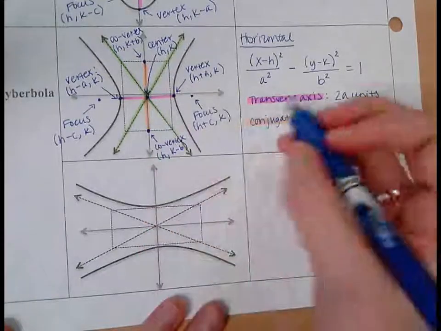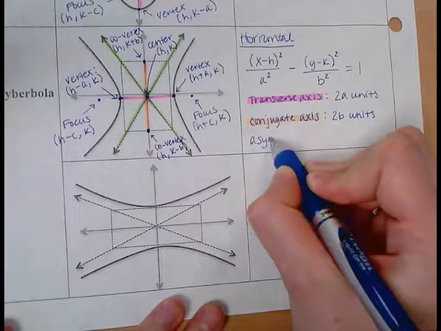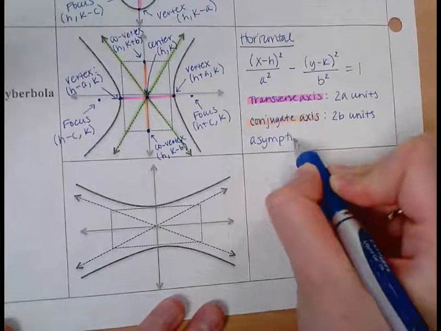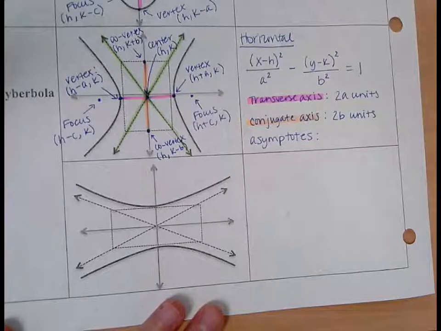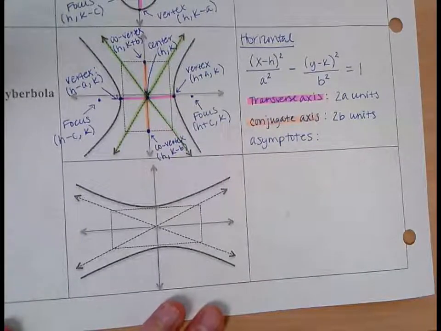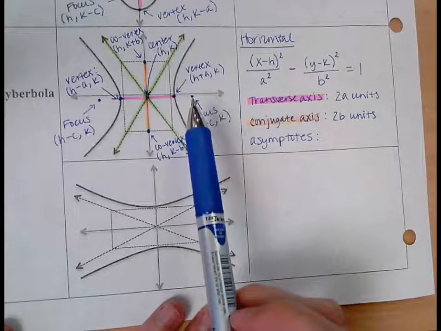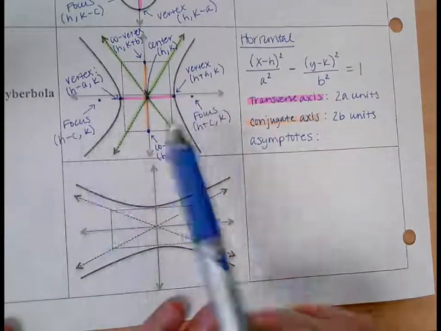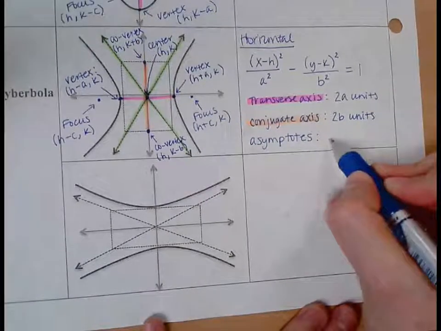So I'm going to write in asymptotes. It's on your note sheet as well. But the equation for the asymptotes for a horizontal hyperbola is written in point-slope form, not slope-intercept.